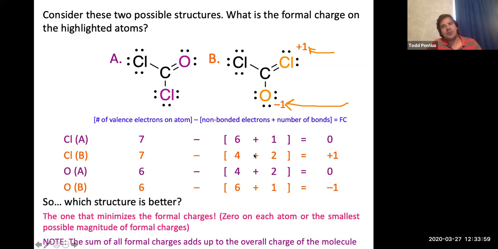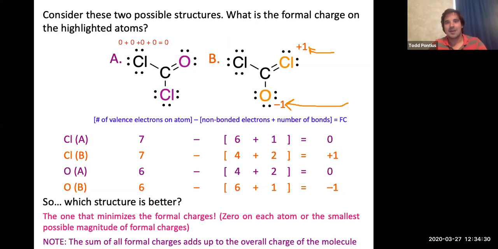Another thing that I want to note is that if you add together all the formal charges on a molecule, you'll end up getting the overall charge on the molecule. So let's just write those in here. On molecule A, every single atom has a formal charge of 0. So it's 0 plus 0 plus 0 plus 0 equals 0.